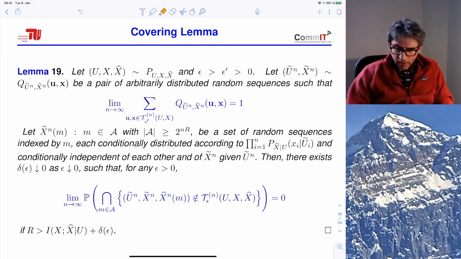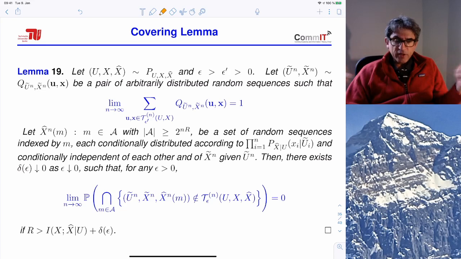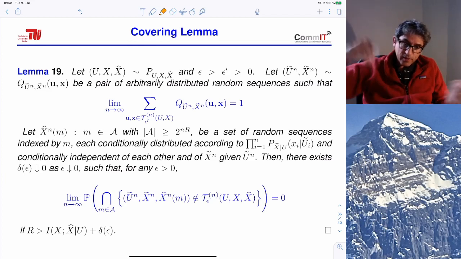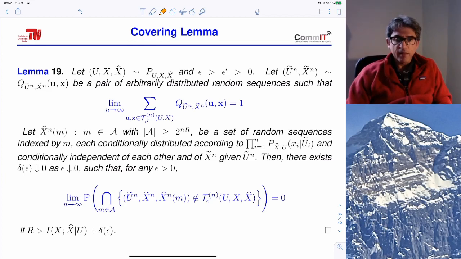We want now to see that if I generate enough randomly generated sequences with the correct marginals, so if I generate a set that is large enough, the probability of finding at least one that is jointly typical with another sequence in fact becomes large.